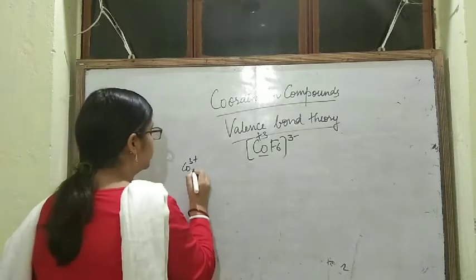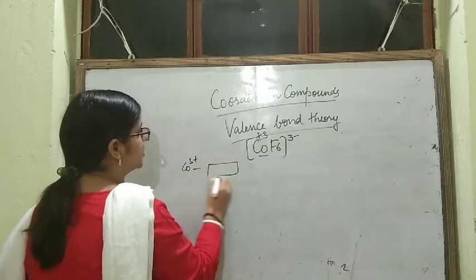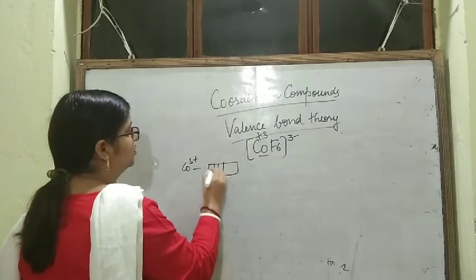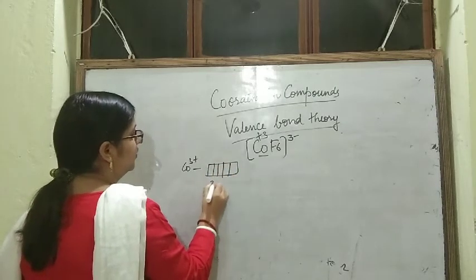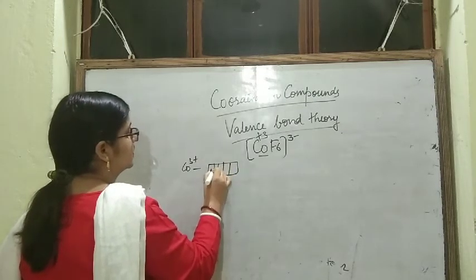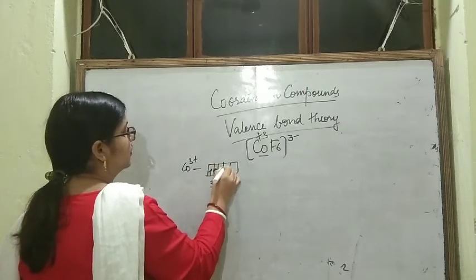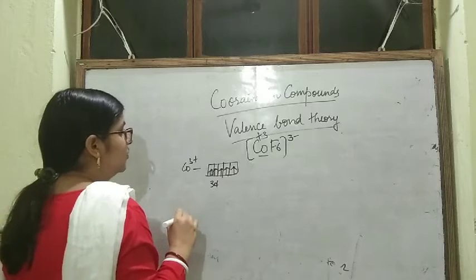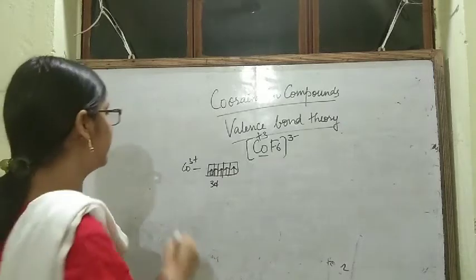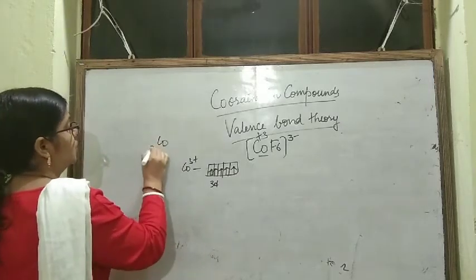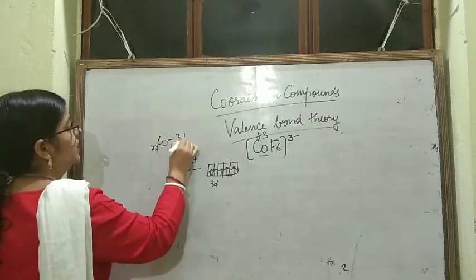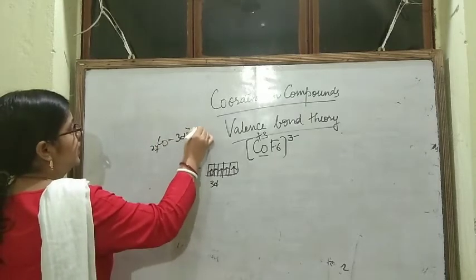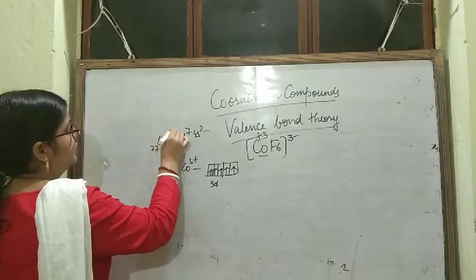Now, what will be the electronic configuration of cobalt 3+? 1, 2, 3, 4, 5. It will be 3d6. Cobalt, atomic number 27, is having argon 3d7 4s2 electrons.